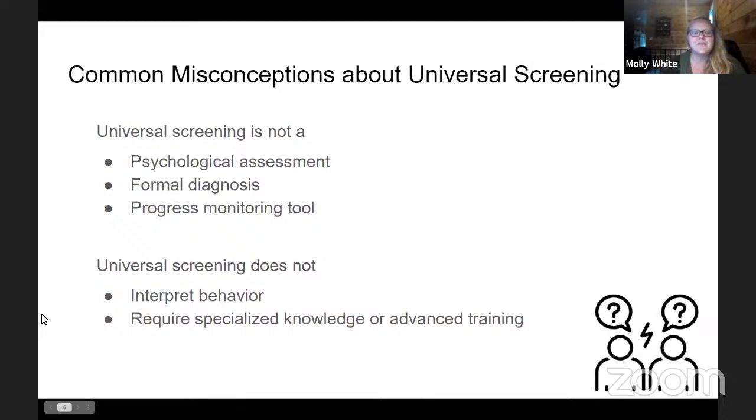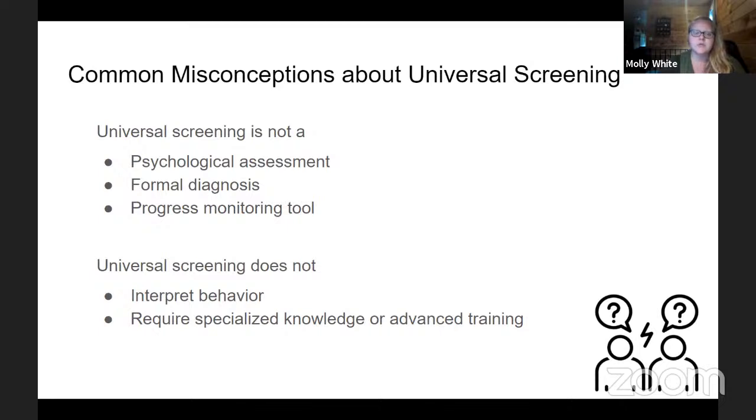I said it is reliant on those common observable behaviors because what it is not is a psychological assessment, a formal diagnosis, or a progress monitoring tool. A psychological assessment or a formal diagnosis would not typically occur in a school at this tier one level.